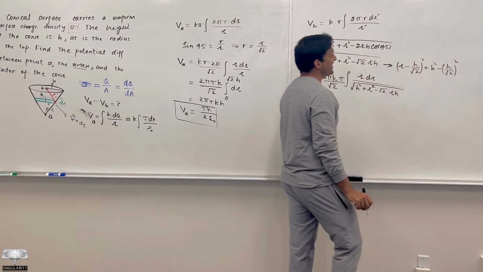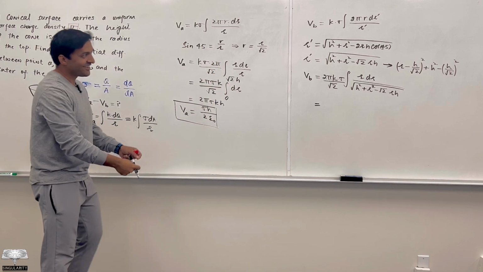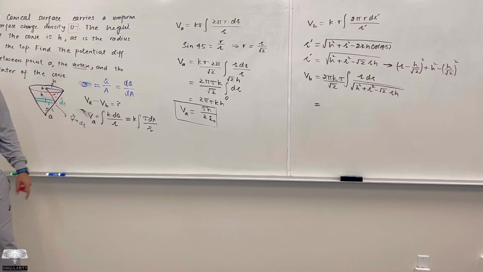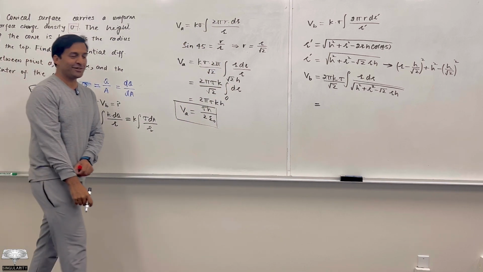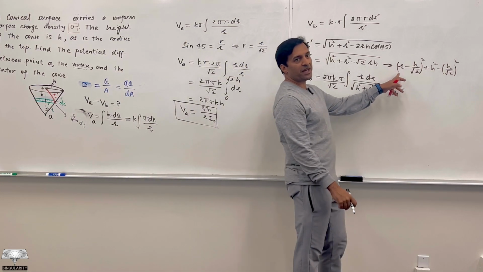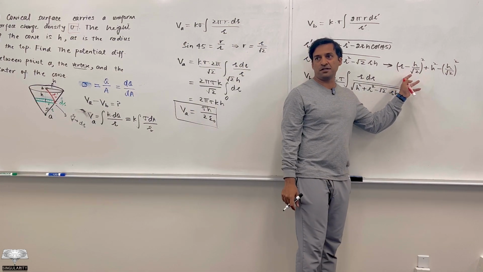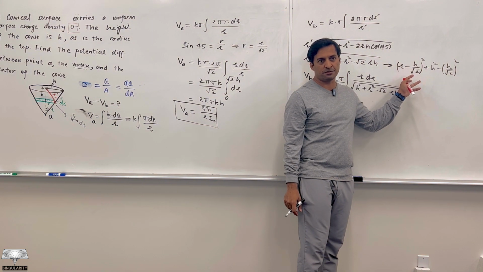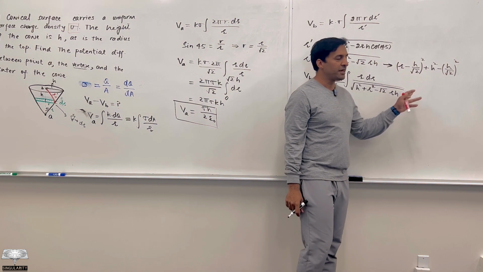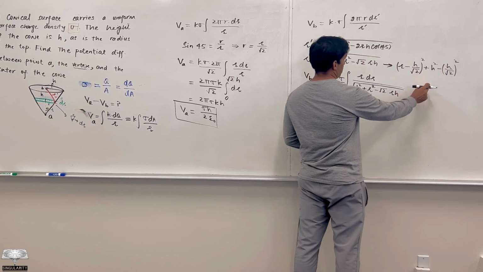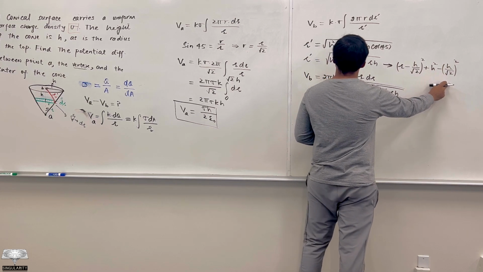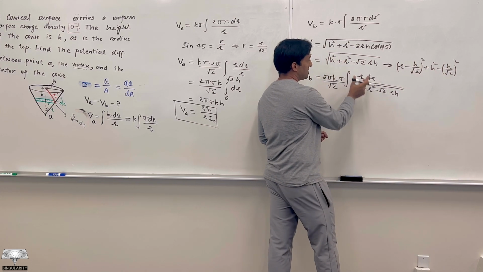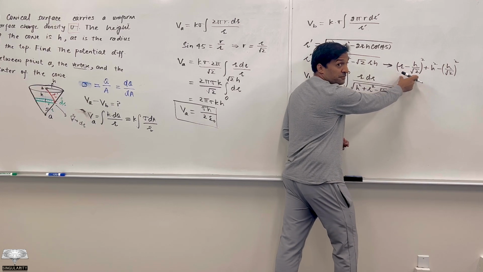square. And now I wish so much that I could just copy paste it at the bottom, because I was going to use that side. Anyway, you see how I did it? I just added a factor of h square by 2 and subtracted a factor of h square by 2. I did nothing. But when I add the factor of h square by 2, this term becomes the square of this whole term.